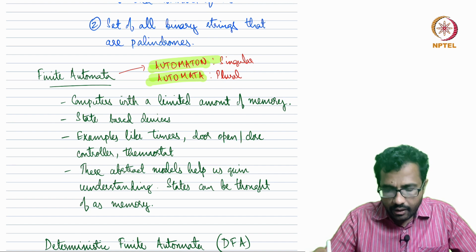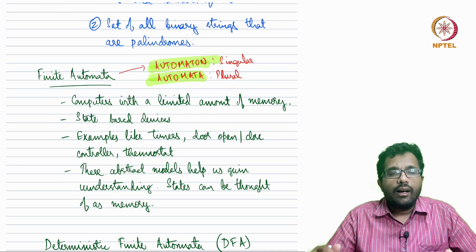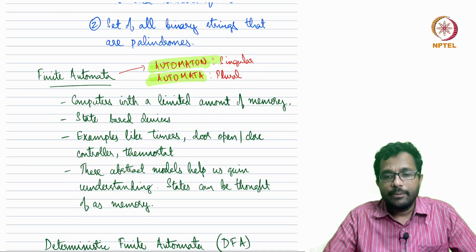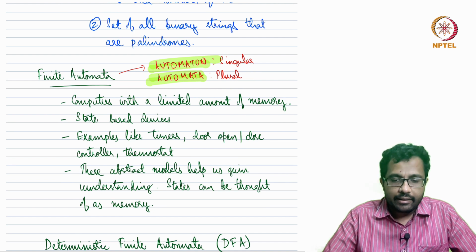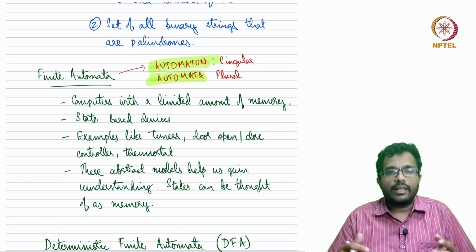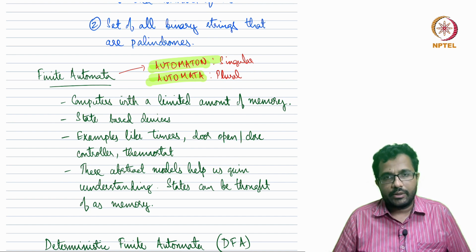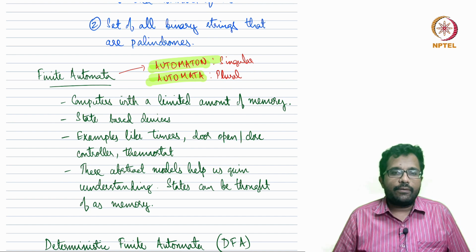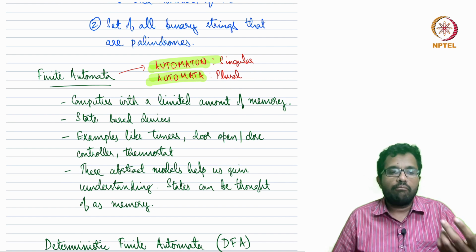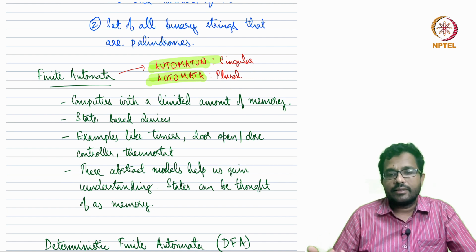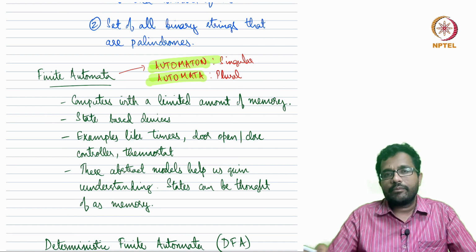So finite automata are basically computational devices or computers which have a limited amount of memory, and basically the memory is obtained using the use of states. So for instance, we may have timers, let's say stopwatches, or even mechanical devices that are timers that measure a certain time.